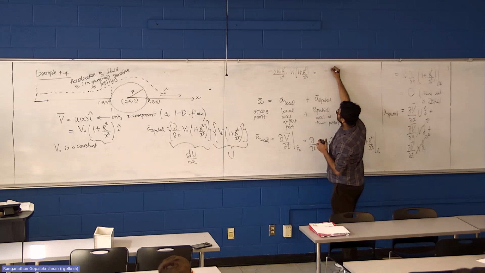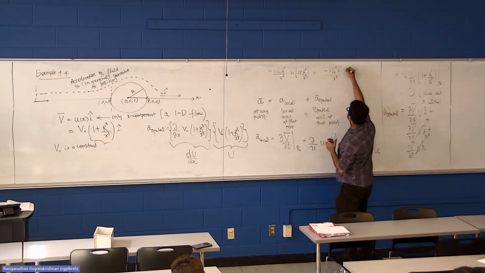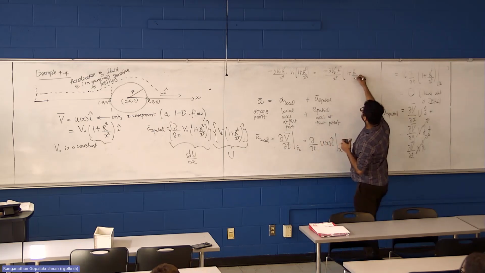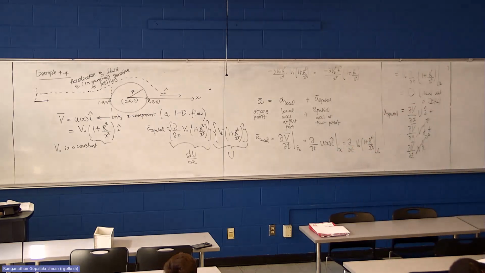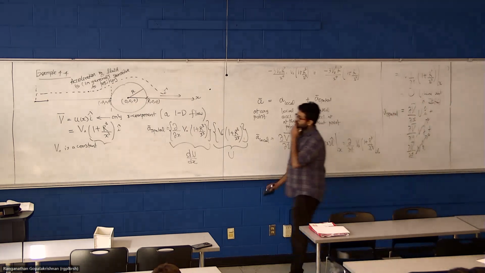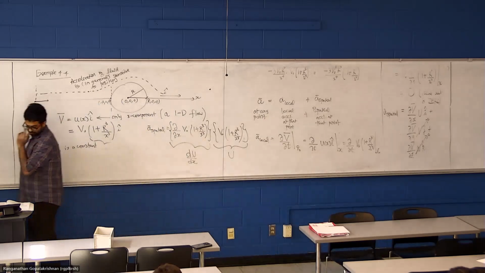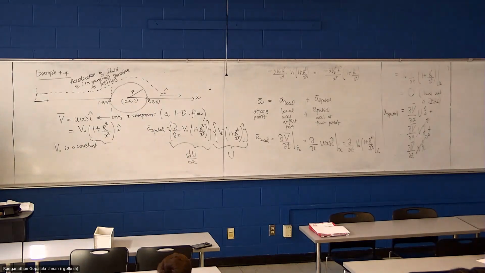This should be minus 3 v naught squared r cube divided by x to the fourth times 1 plus r cube over x cube. That looks ugly, right?